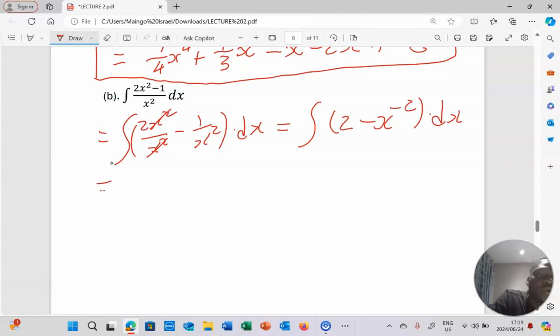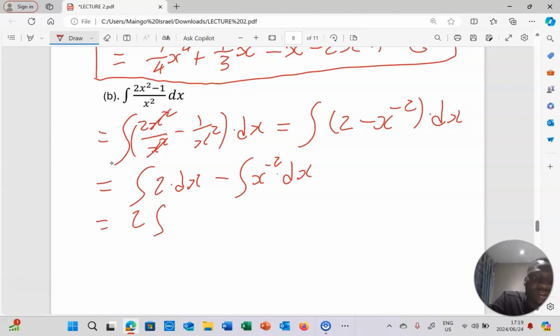So then we integrate each function: the integral of 2 dx minus the integral of x to the power minus 2 dx.